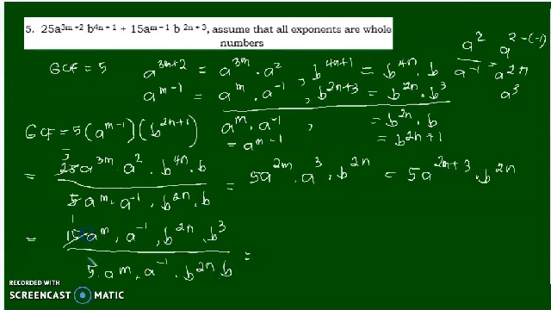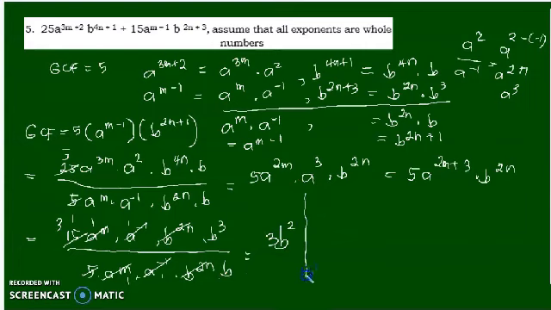So 15 divided by 5 is 3. Then a to the power of m divided by a to the power of m is 1, and a raised to negative 1 divided by a raised to negative 1 is also 1. B to the power of 2n divided by b raised to the power of 2n is 1. And b cubed divided by b is b to the power of 2.